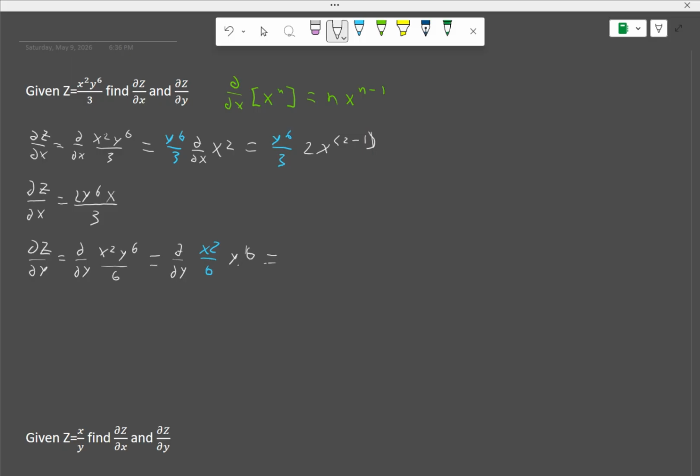And so the derivative of y to the 6, just using the power rule, we can write as 6y to the 6 minus 1. So the derivative of that function with respect to y is equal to x squared, 6x squared.